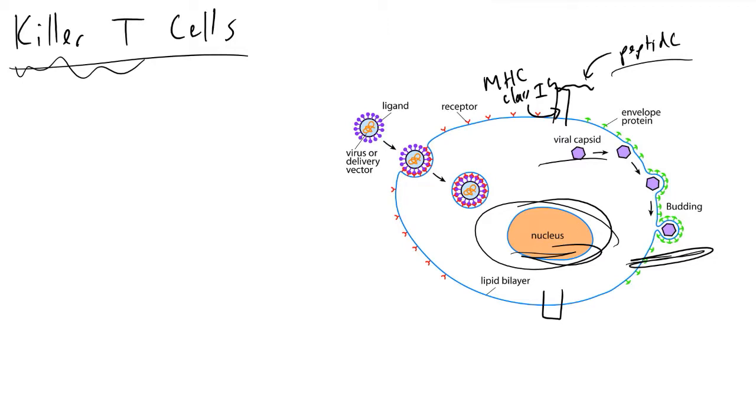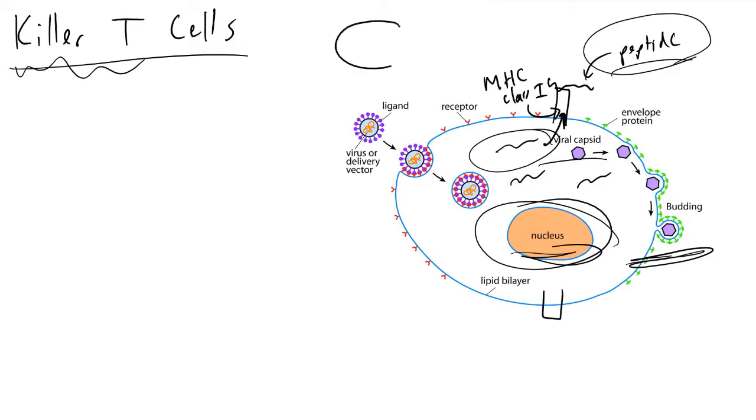So normal cells will take peptides that they are making inside and display them on their surface. So it's making a lot of these peptides. And if this wasn't an infected cell, it would still be doing the same thing. It's going to put these peptides onto its MHC Class I proteins on its surface, so that killer T cells that are floating around in solution have these things called T cell receptors, commonly abbreviated TCR.